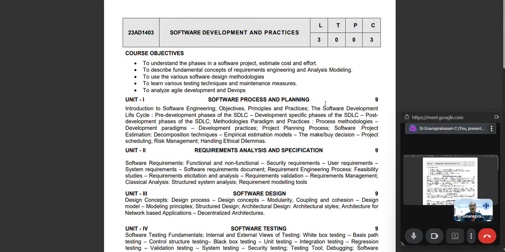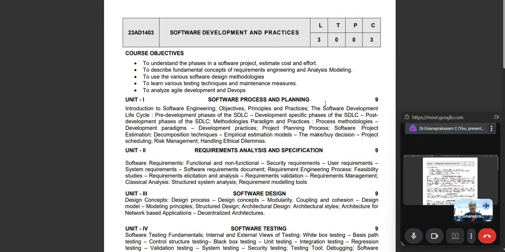That design concept is converted into a process. This requirement is the first phase, which is followed by the second, which is followed by the third. So we have various design processes and design concepts you can implement.